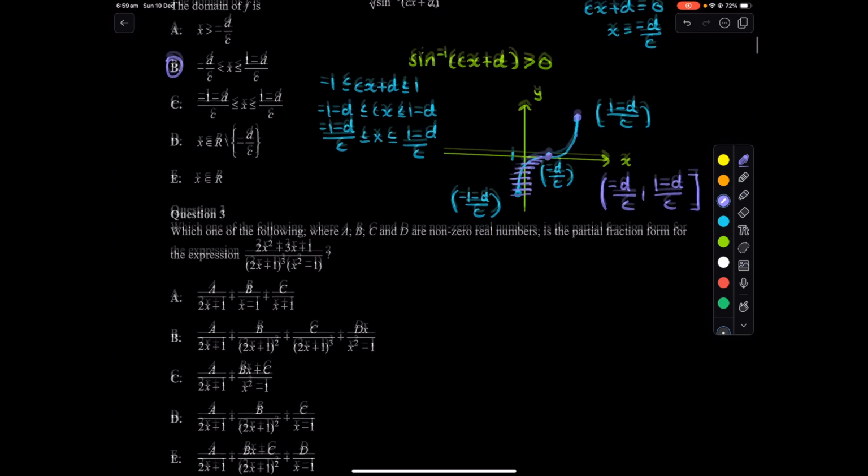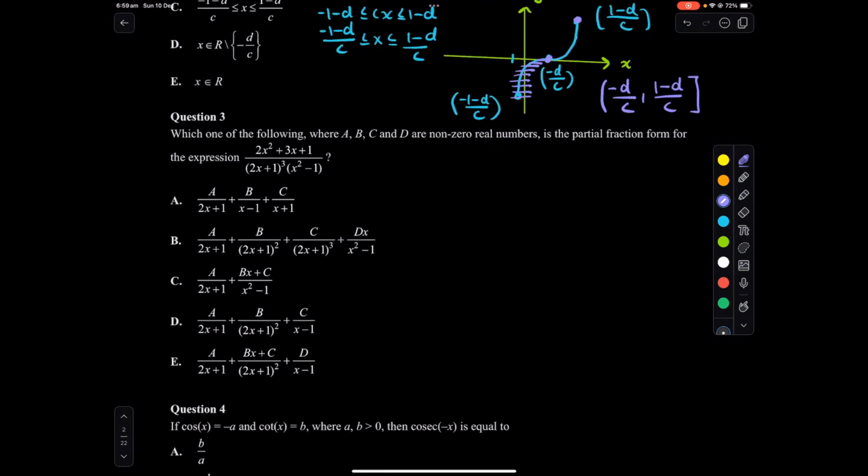Easy. Next question. Which of the following, where a, b, c, and d are non-zero real numbers, is the partial fraction form of this expression? Okay, so we have a very big expression here, so I think we can factorize it. Let's first factorize it. It's too big.